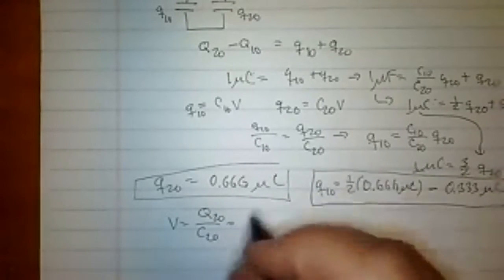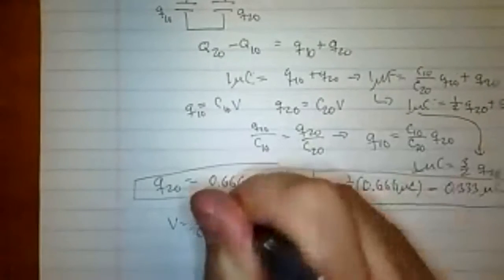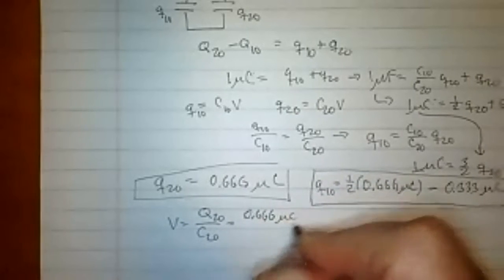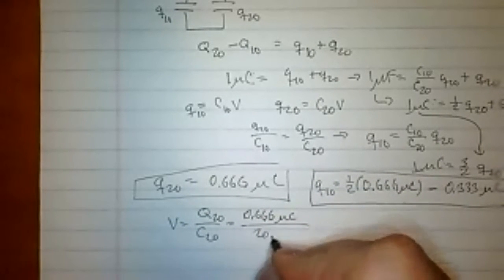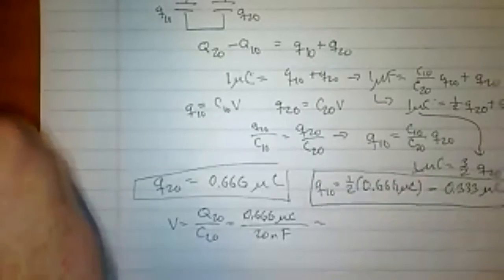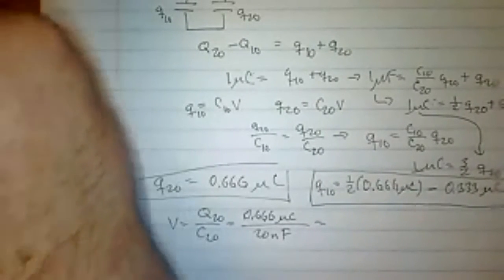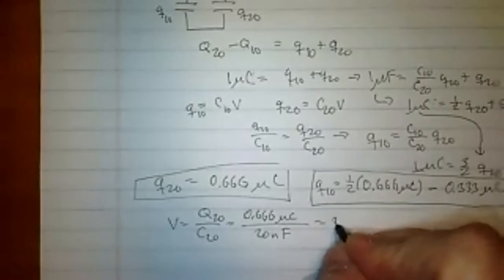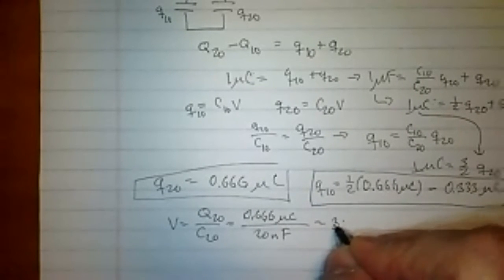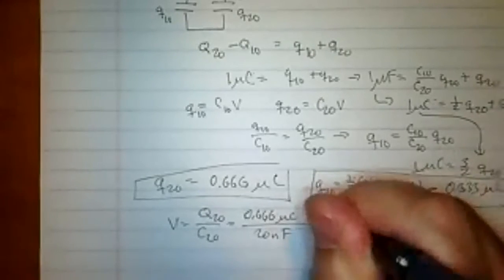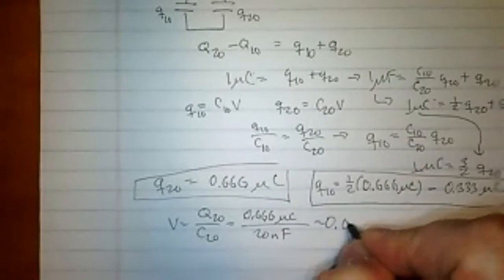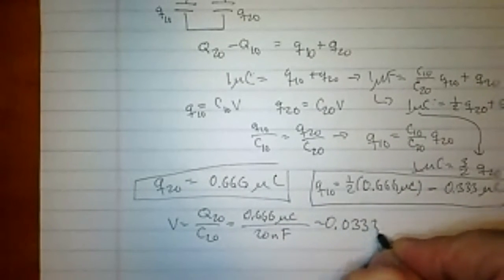And Q20, of course, is 0.666 microcoulombs over 20 nanofarads. 0.666 divided by 20 gives me, let's say, 0.0333.